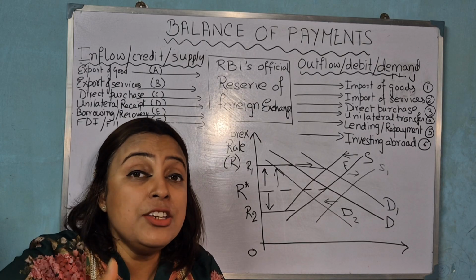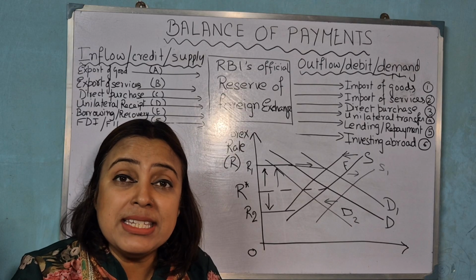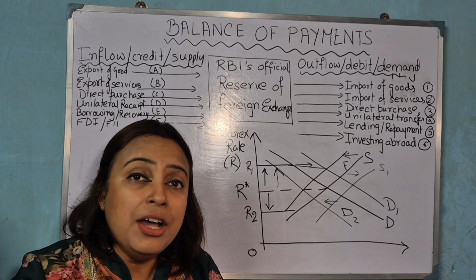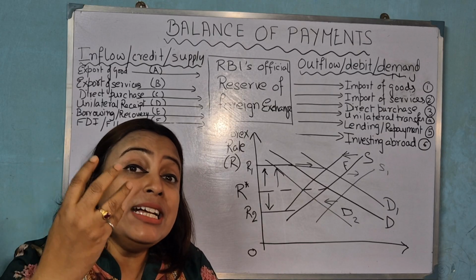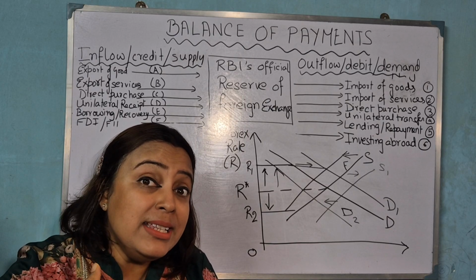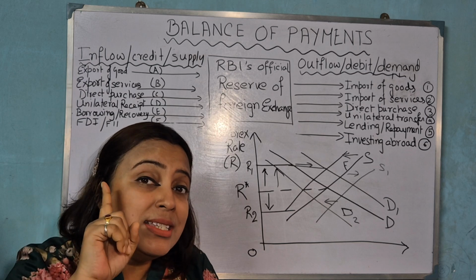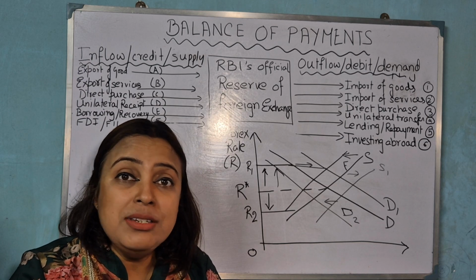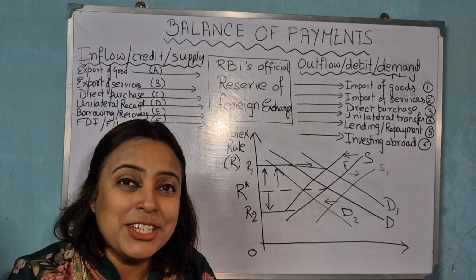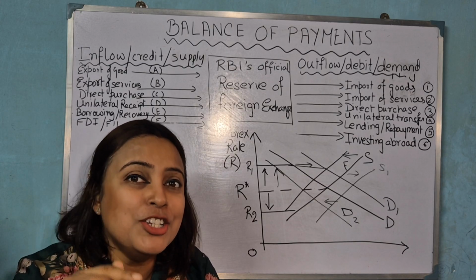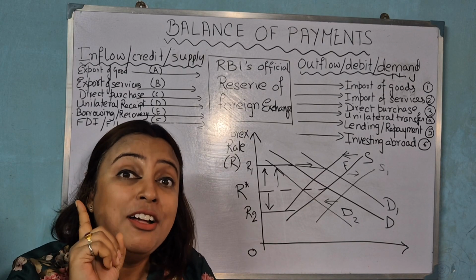Now, when India has increased the export of rice, that means India is earning foreign exchange out of that export. That means India is getting credit or supply. The supply has increased. Since supply has increased, nothing happened to demand, then what is going to happen? Excess supply of foreign exchange, automatically the foreign exchange rate or price of foreign exchange will fall.